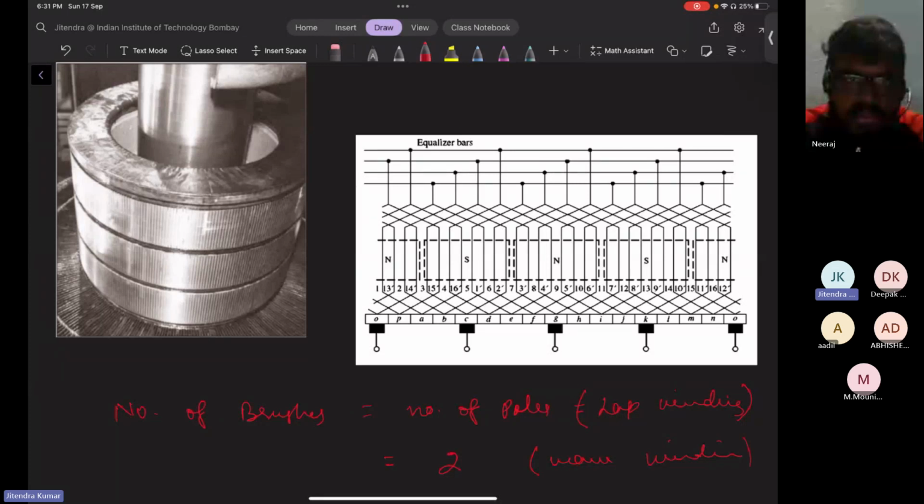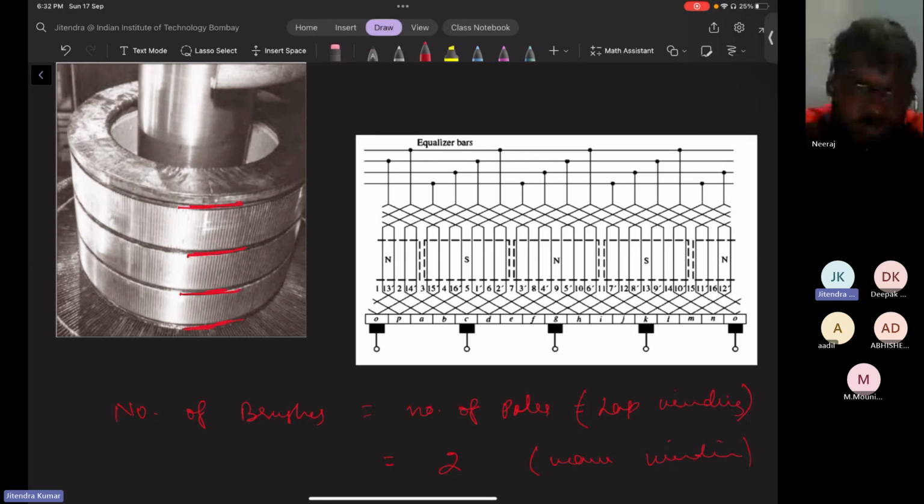In the picture shown, it is a motor designed in earlier days by General Electric. You can find it online as well. This motor has 4 equalizer bars connected at the commutator, so you can see 4 equalizer bars here. And this is the commutator section which you can see in the figure, right?